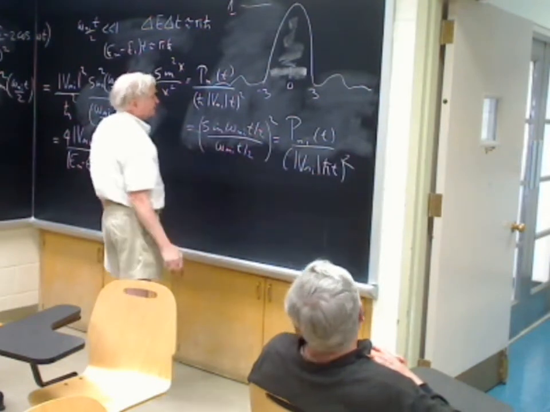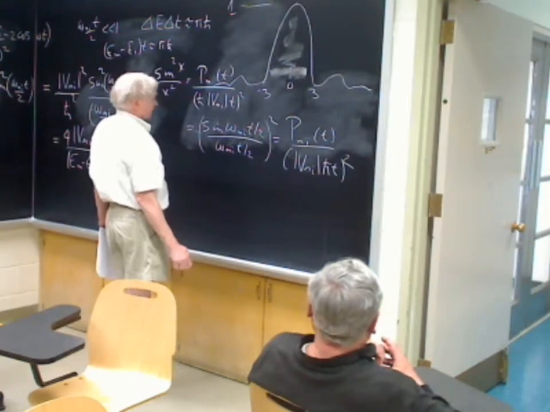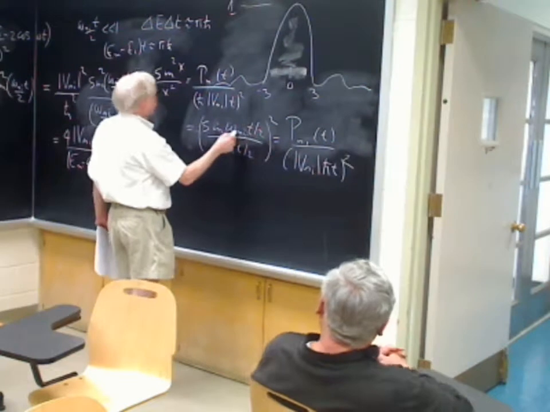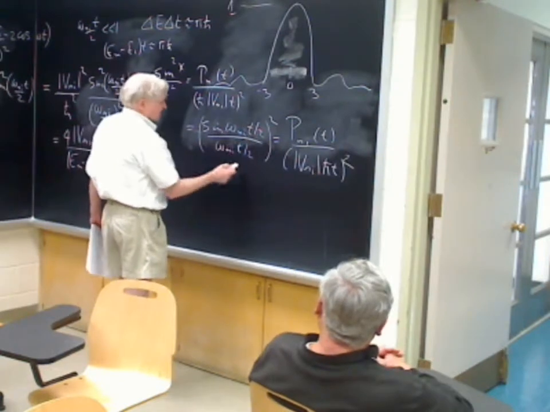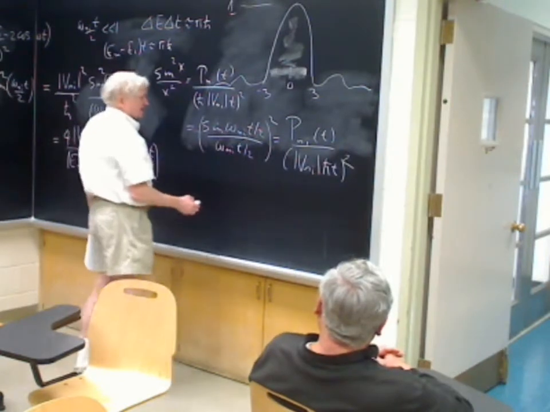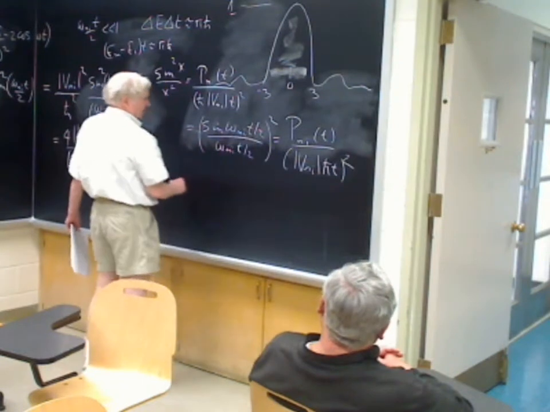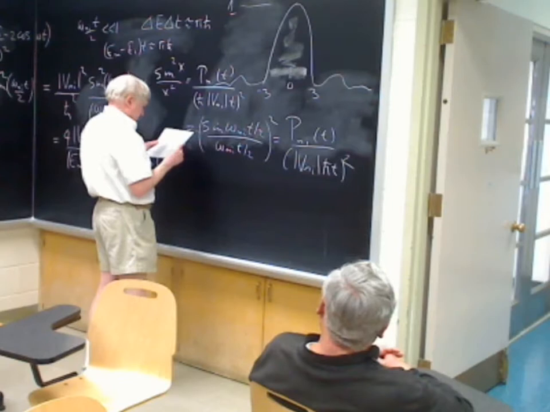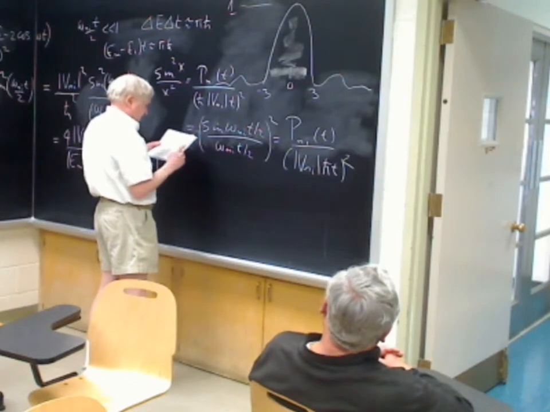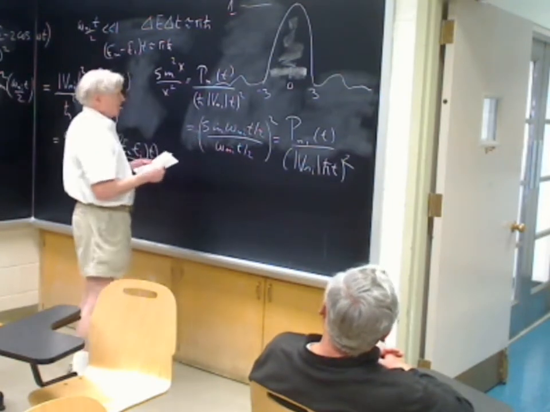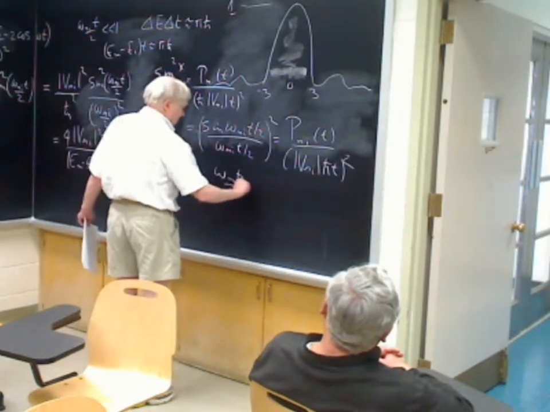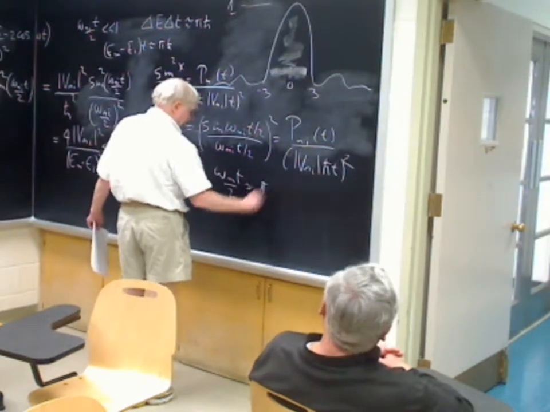And you see, this goes to zero when omega_ni t over 2 is essentially pi.